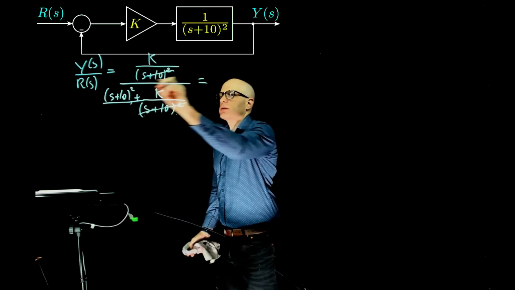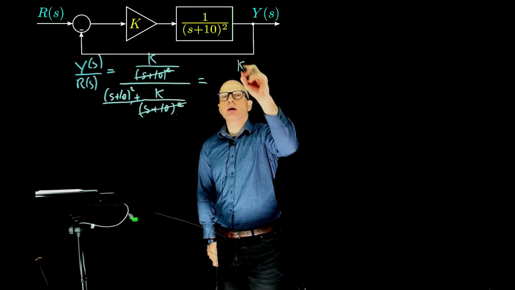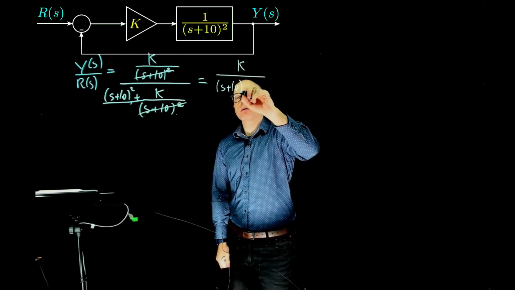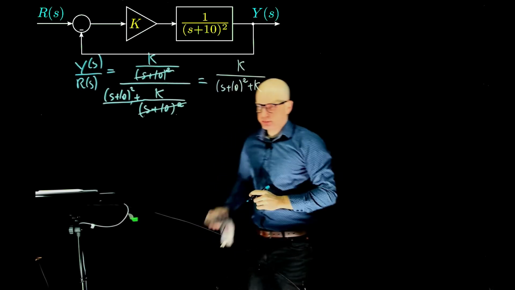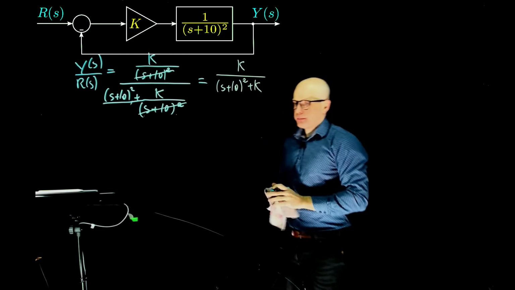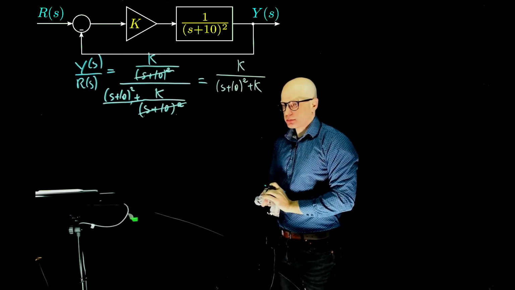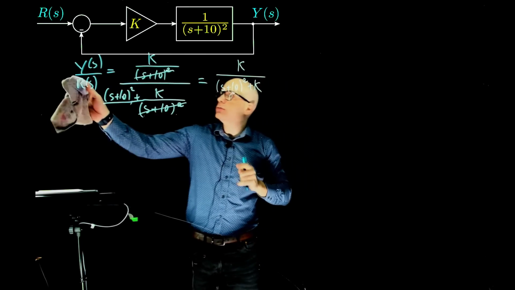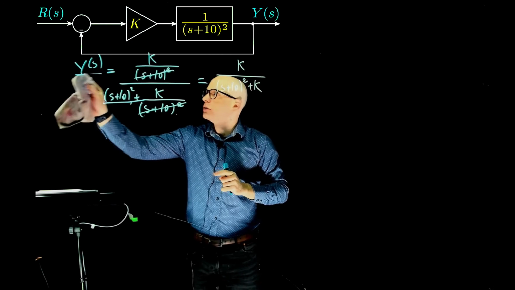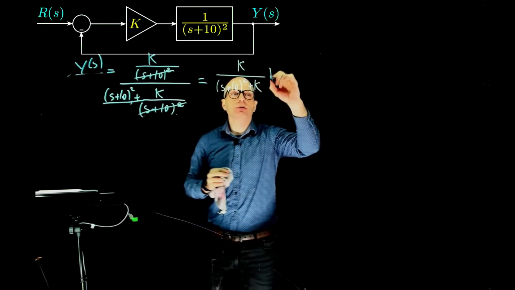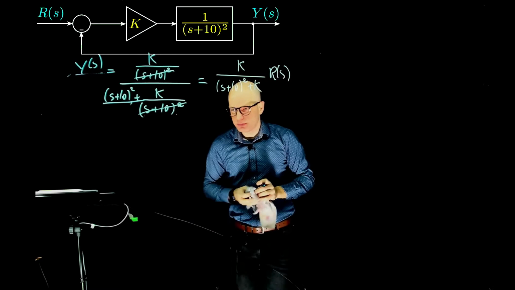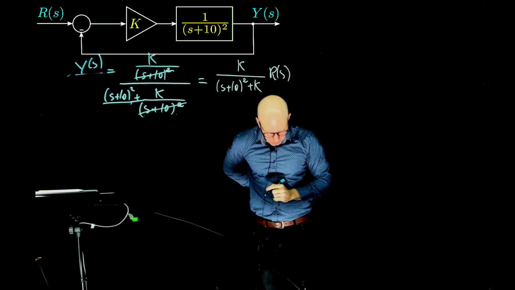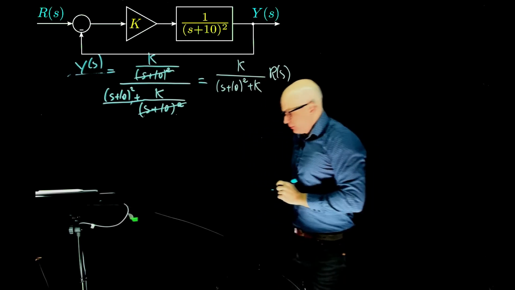Now this and that simplify, and you're left with K over (s plus 10) squared plus K. Okay, so this is Y over R. If you move R to the other side, we have an expression for Y of s. Just multiply this by R of s. Are we good with the closed loop transfer function?